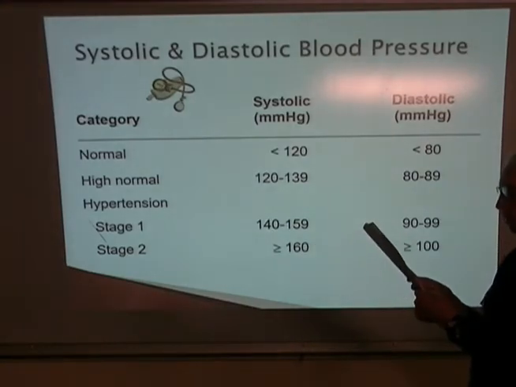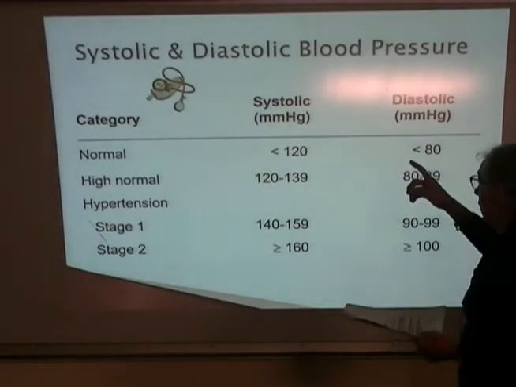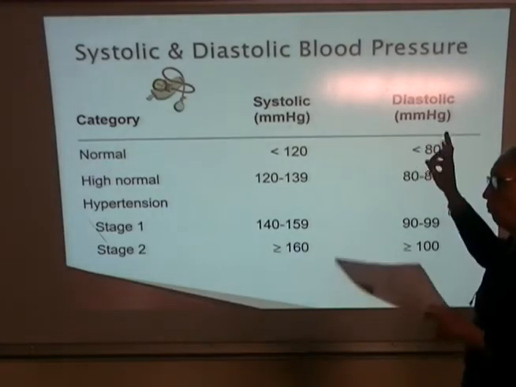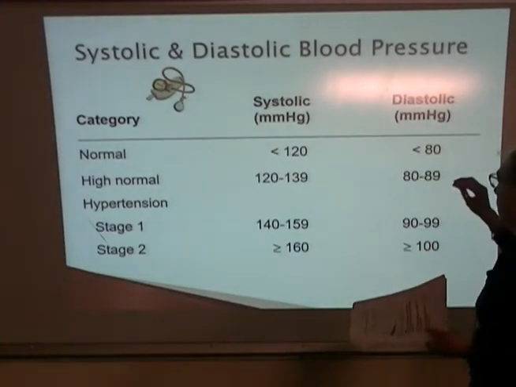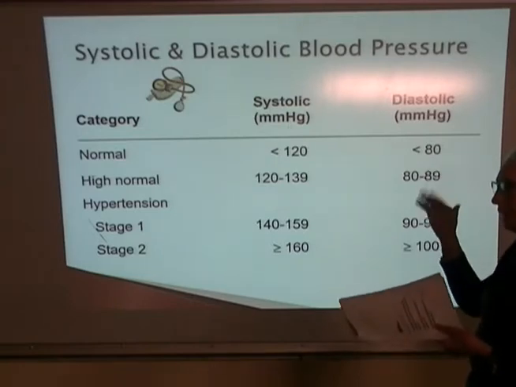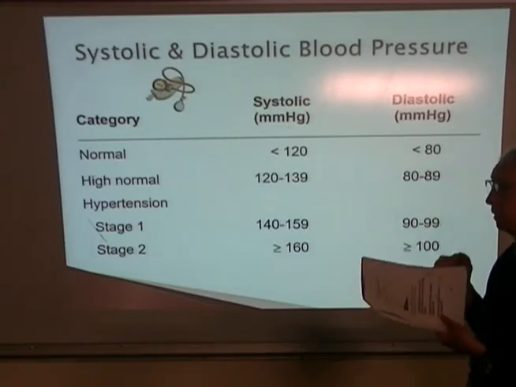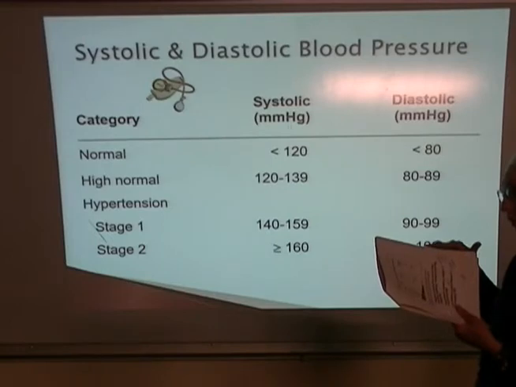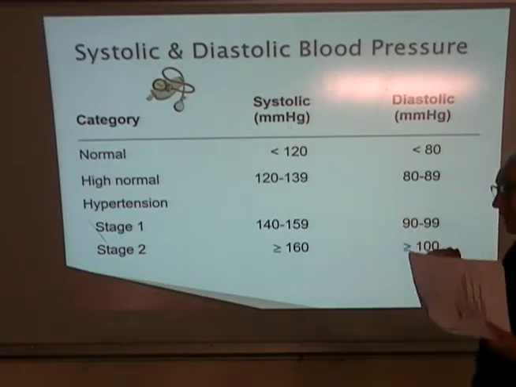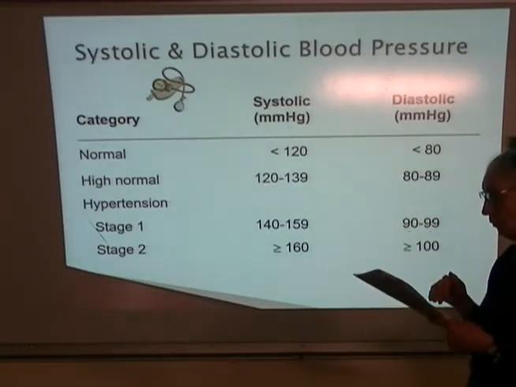All right? So if we have normal blood pressure, then our systolic is going to be less than 120 millimeters of mercury, and our diastolic is going to be less than 80 millimeters of mercury.